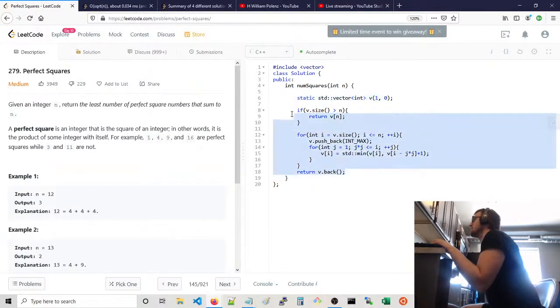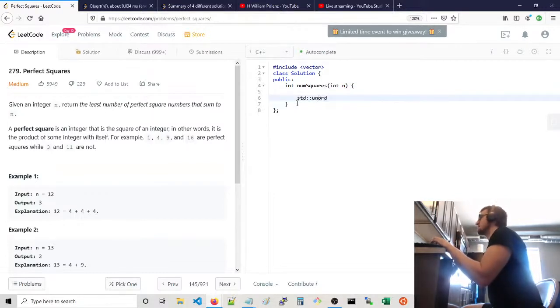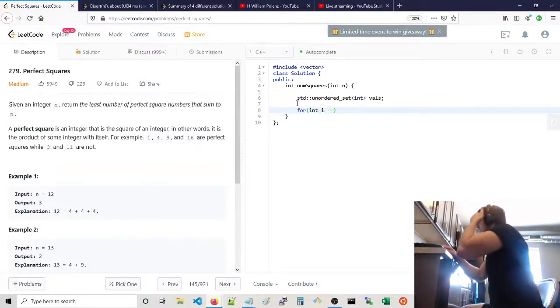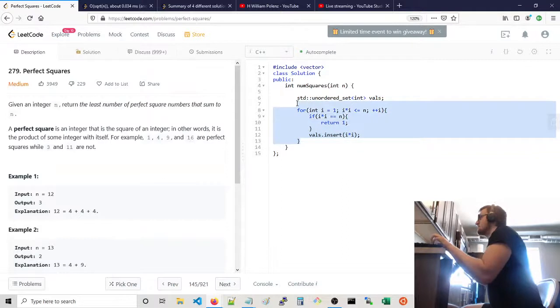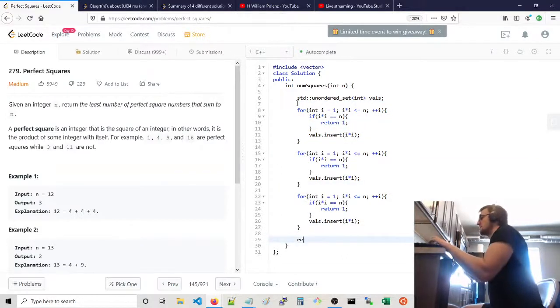How about this one? All right, so you have one routine, 2, 3, return 4.